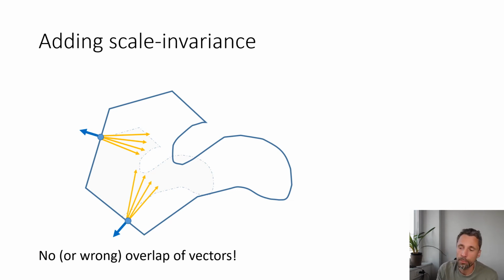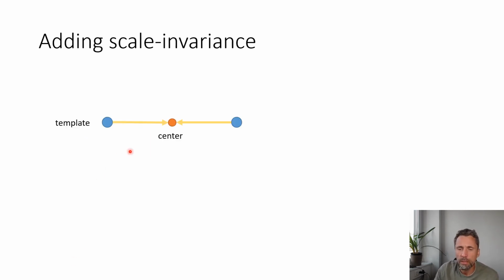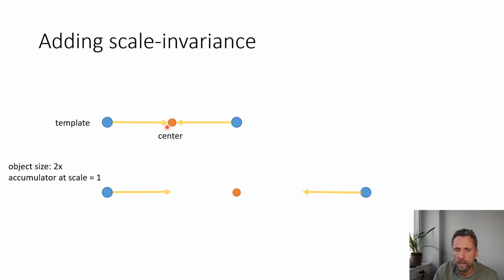So what can we do? Take, for example, just 2 edge points, and they're pointing to the center in the template, but then you have your object in double the size. So those center point vectors do not even overlap.